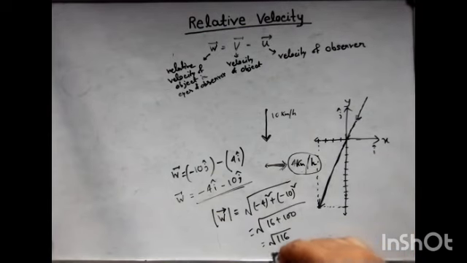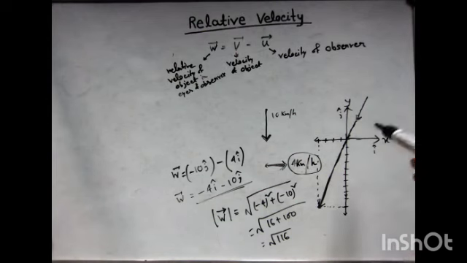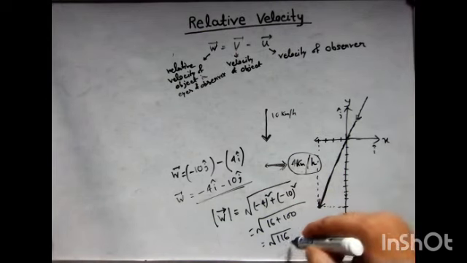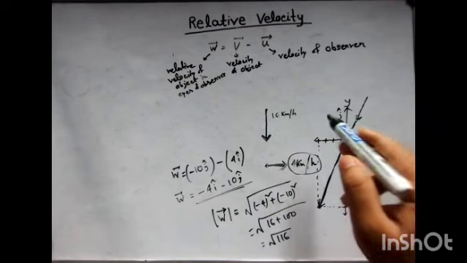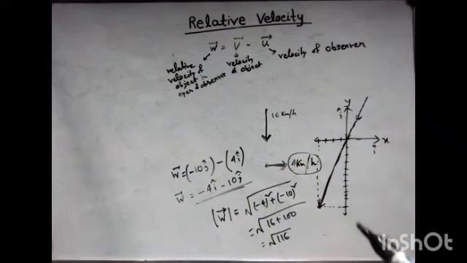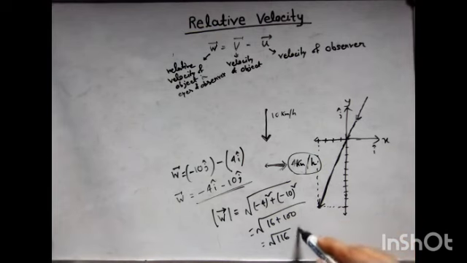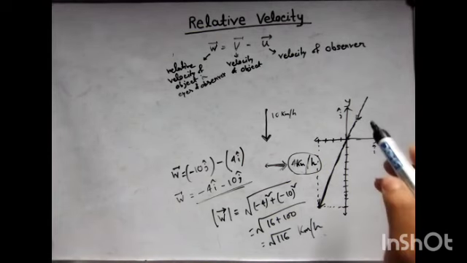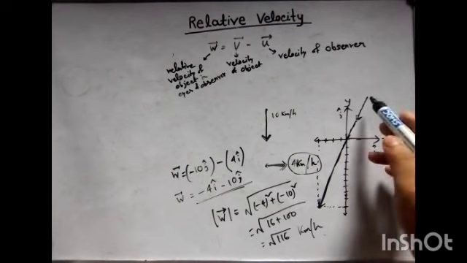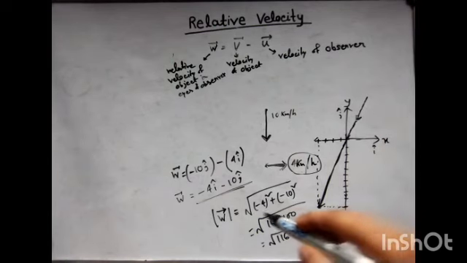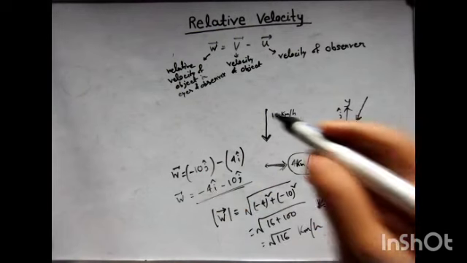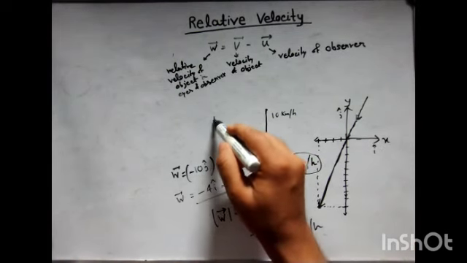Okay, this will be the magnitude of the speed of the rain, and that will be slightly higher than 10 kilometer per hour. So this will be the relative speed of the rain that this man is seeing, and we know how to find the angle.